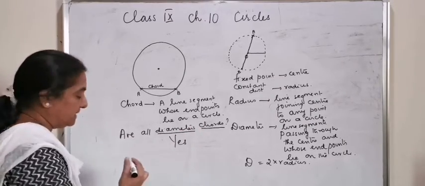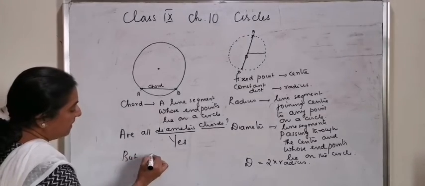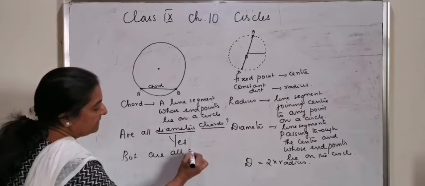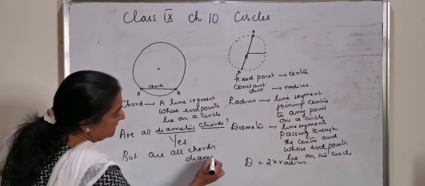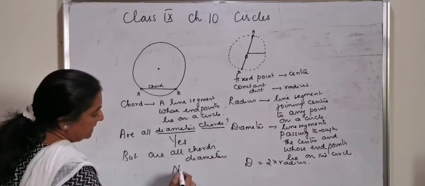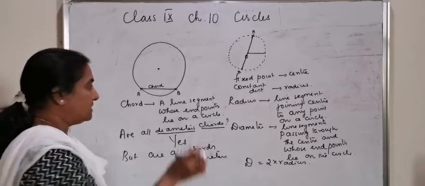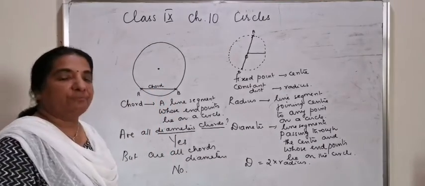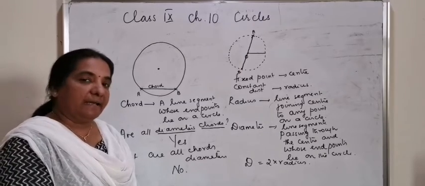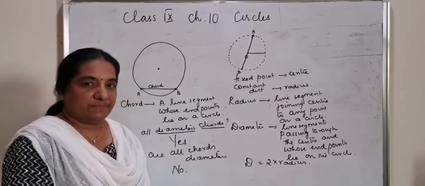Yes. But are all chords diameters? The answer is no, because as in the picture you can see AB represents a chord, but it need not be a diameter always.